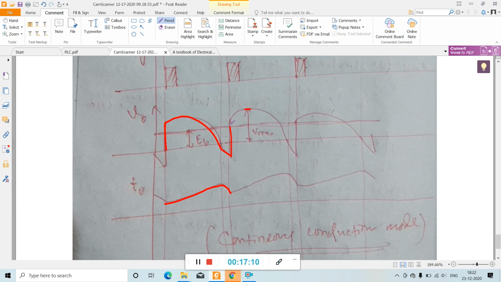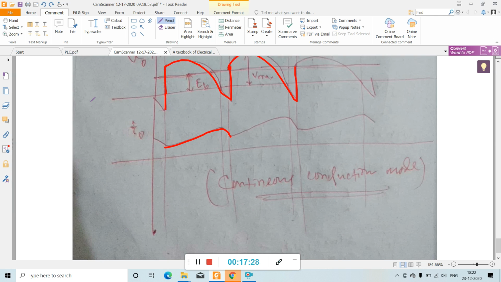Like this you found the voltage waveform and current waveform. Clear? This is our continuous conduction mode.